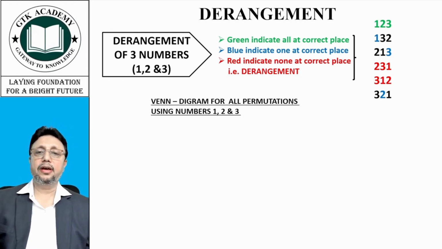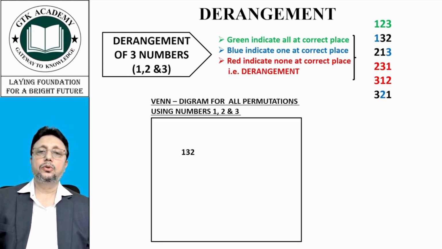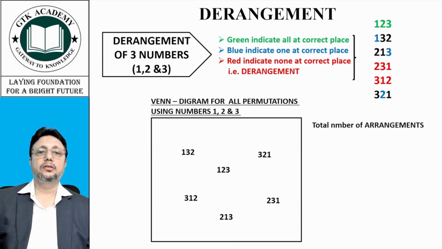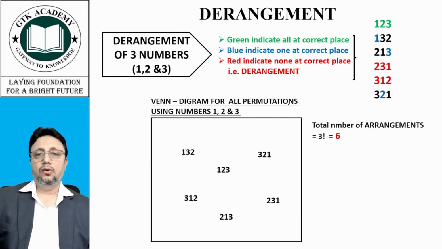Just draw the Venn diagram. So these are the 6 cases. Total number of arrangements, factorial 3, that is 6. We will arrange them in a more proper manner. Just see how.